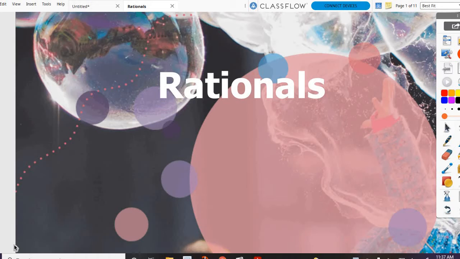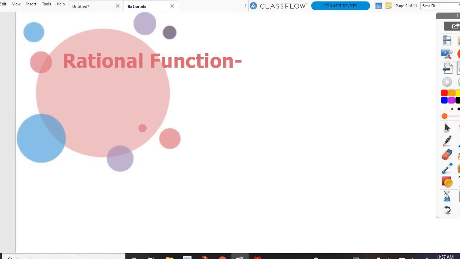So today we're looking at rational functions. Can someone tell me what a rational function is? Well, we should know that it's a function.